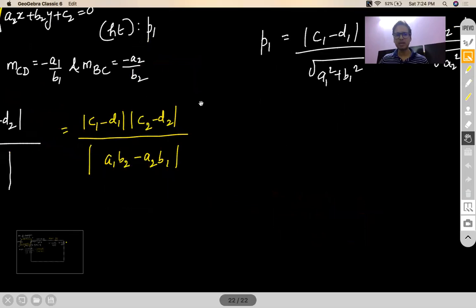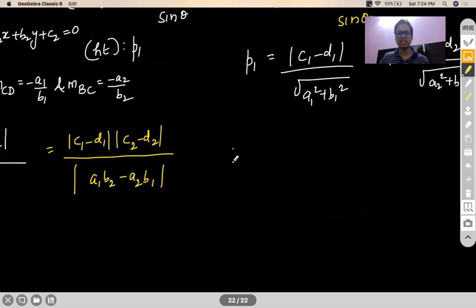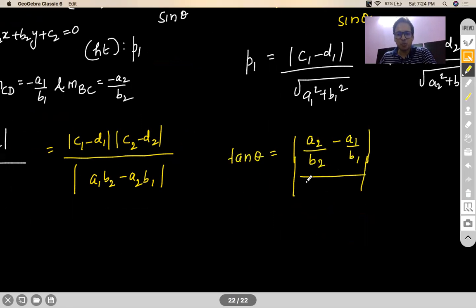So can I use my angle between the two lines formula? Tan theta is mod of M1 minus M2 by 1 plus M1 M2. 1 plus M1 M2 will be A1 A2 by B1 B2. Correct? Yes or no?